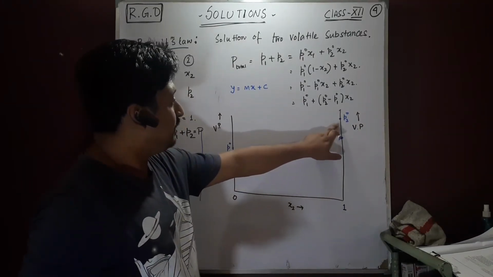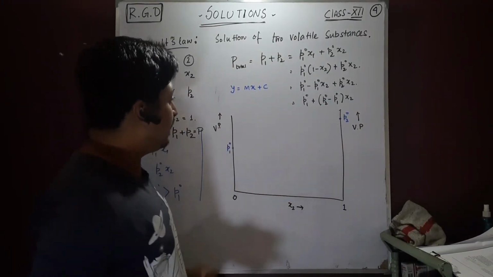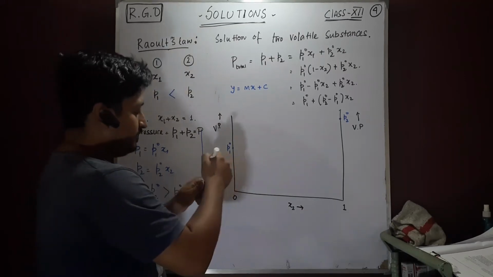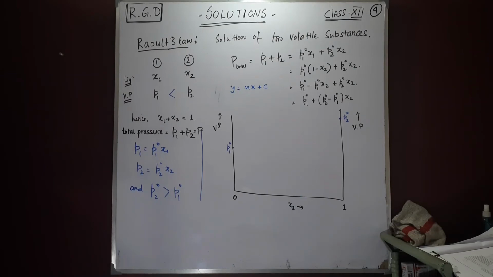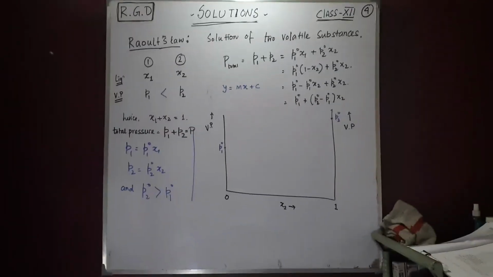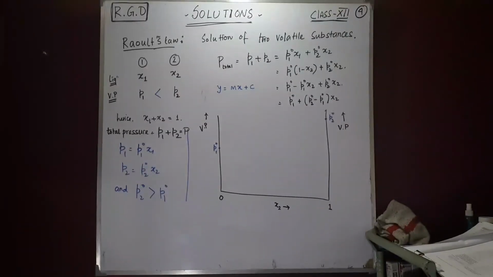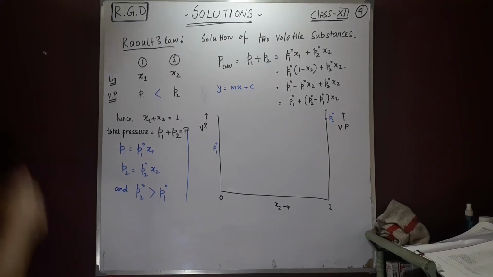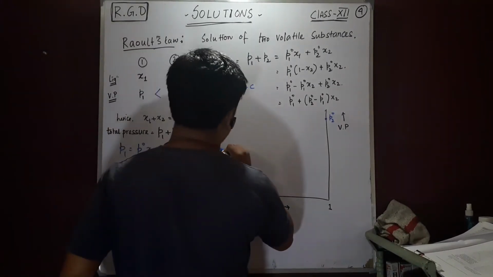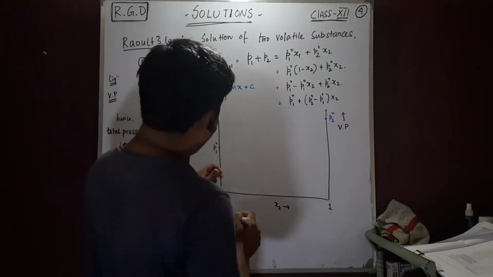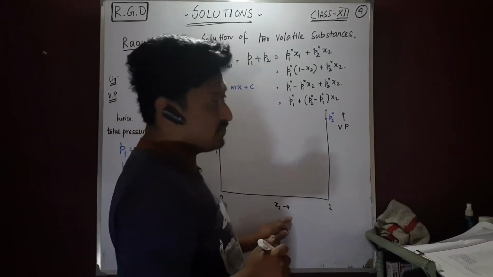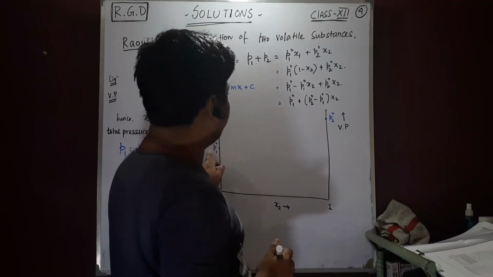Now what will happen? This equation is basically a linear equation. So this is a linear plot. So I will draw this one. Now if I increase the x2, what will happen to P1?